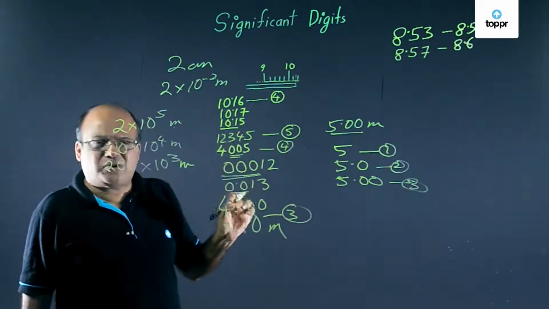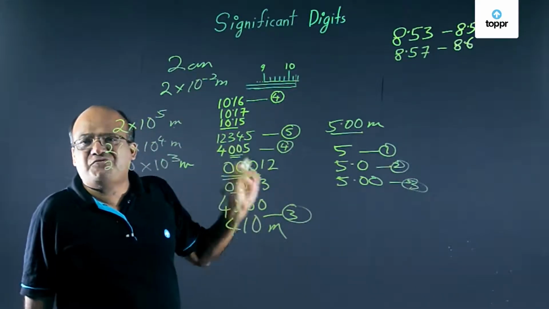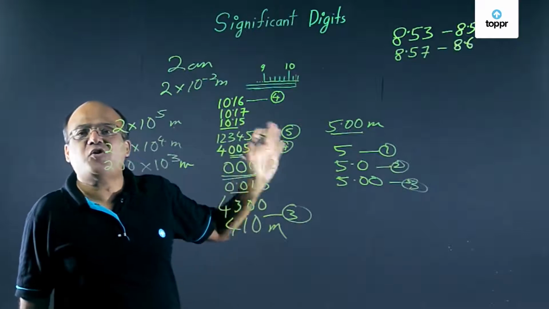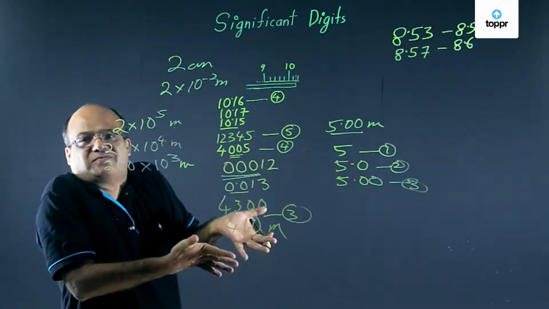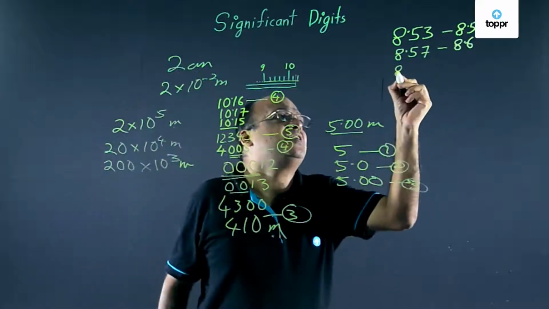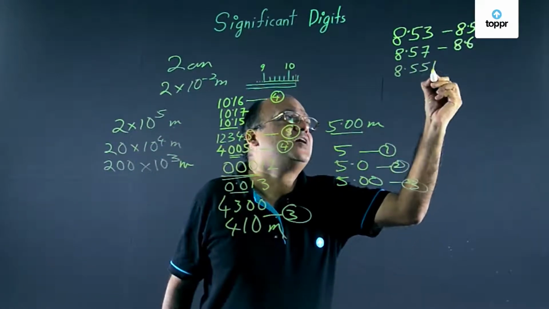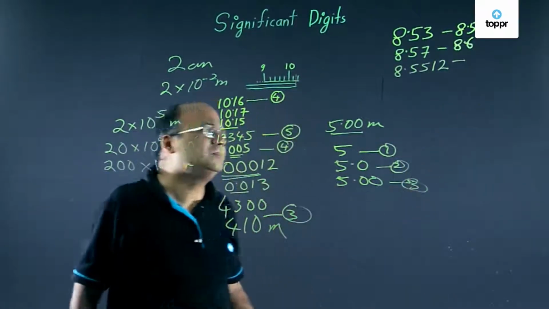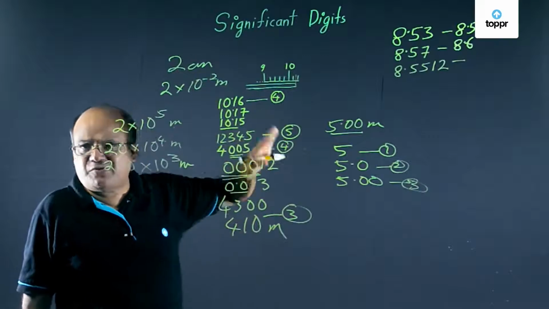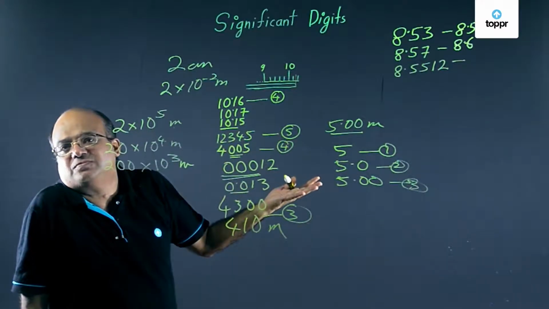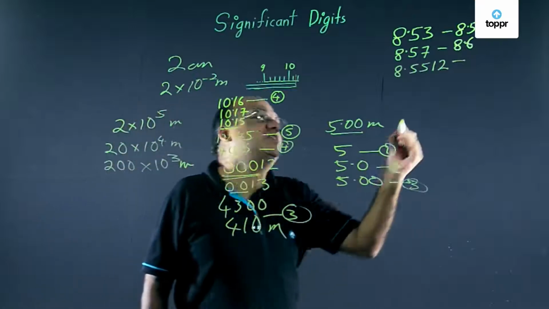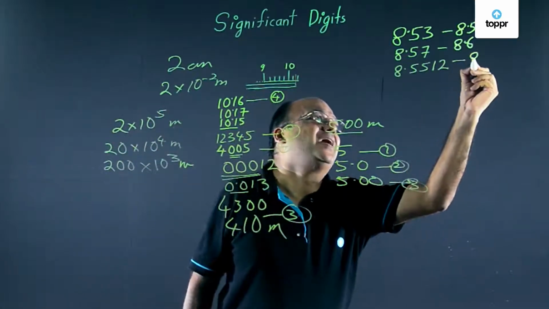If the digit to be dropped is 5, followed by digits other than zeros, that means a little bit more than 5, say 8.512, so the digit we are dropping is 5, but after that the digits are different from zeros, then the preceding digit is always increased by 1.